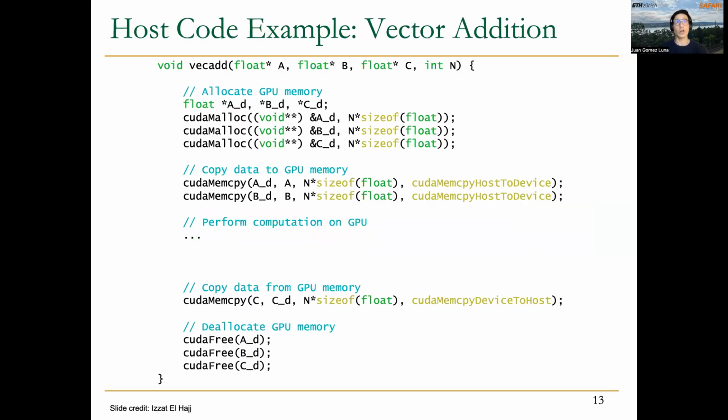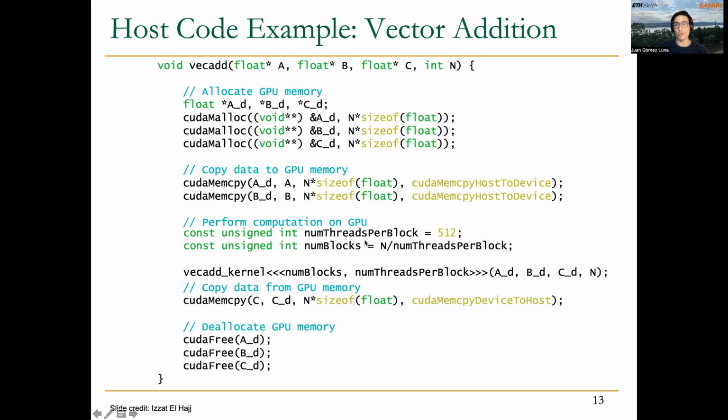Remember that our first example was the vector addition. This is the code for the host of the vector addition, where we first allocate GPU memory, then we copy data from the CPU memory to the GPU memory, then we perform computation on the GPU. We first define the execution configuration: here is the number of threads per block, 512 in this example, and the total number of blocks, and we launch the kernel.